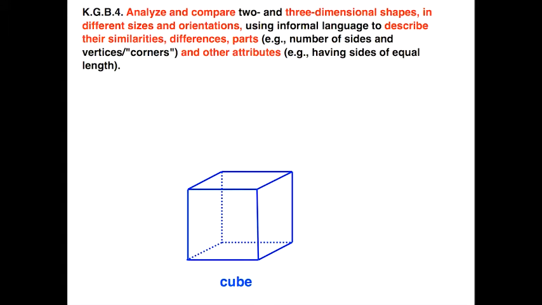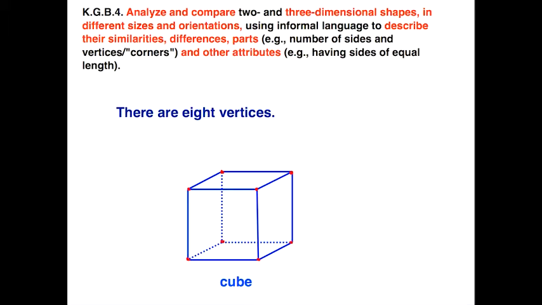Let's look at a cube. A real-life example would be a box. When students count them up, they'll see that there are 12 edges. They should note that in a cube, the edges are all the same length. A cube has 6 faces, and the 6 faces appear to be the same size, and in fact, they should be because the sides are made up of squares and their interiors.